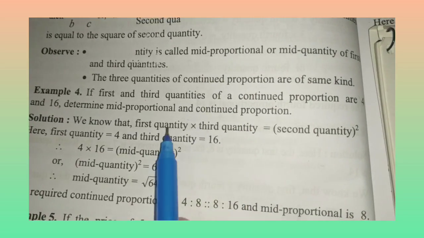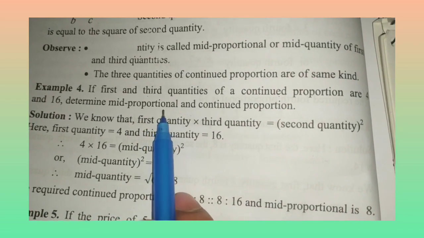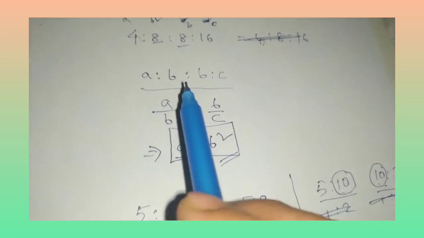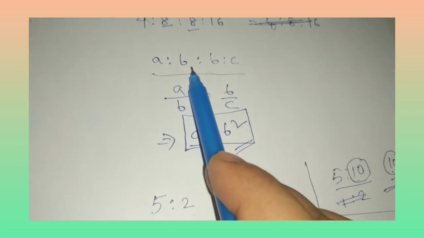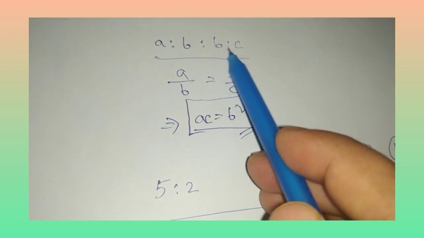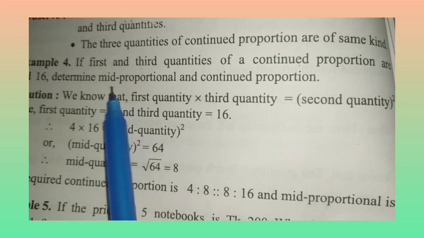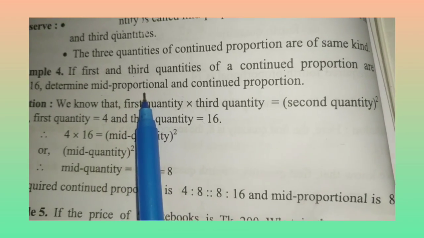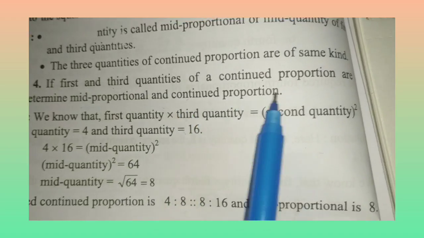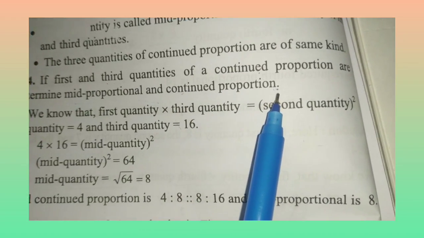First of all, you need to find the mid proportion, meaning they are talking about B. Remember that in a continued proportion there are only 3 quantities, because the second and third quantity are the same. When they talk about mid proportional, they are talking about the second quantity. After finding the second quantity, we also need to write the continued proportion.